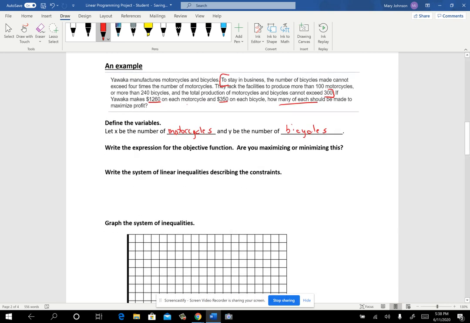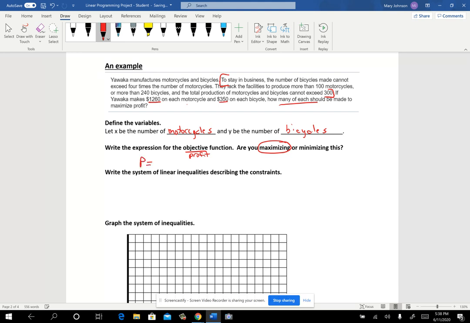What I've got to do now is write an expression for the objective function. And in this case, the objective function is profit. We want to know how many of each should be made to maximize profit. So profit is the objective function, and we're trying to maximize it. So the expression I'm going to write is going to represent the profit we would make.